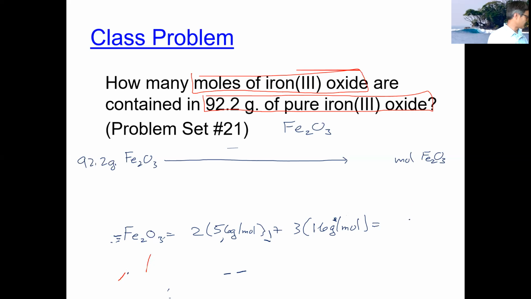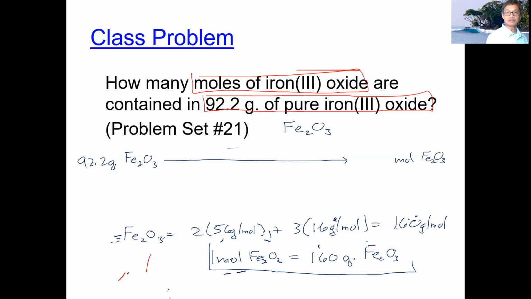And so I get a molar mass here of 160 grams per mole. And again, what that tells us then is that for every 1 mole of iron 3 oxide, that's going to be equal to 160 grams of iron 3 oxide. Okay, so that's the relationship that we'll be taking advantage of.